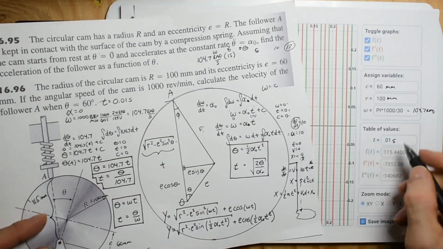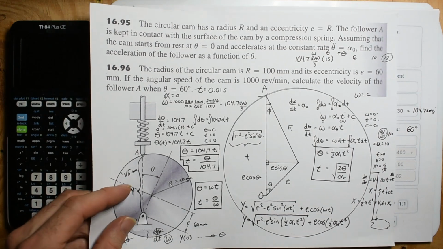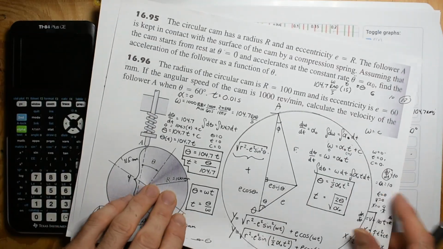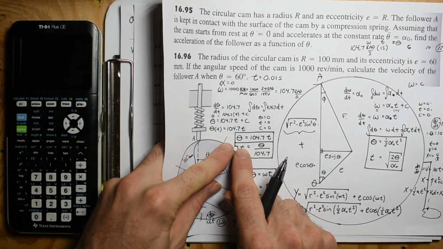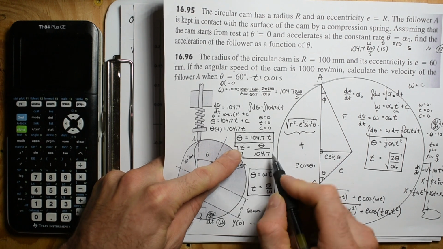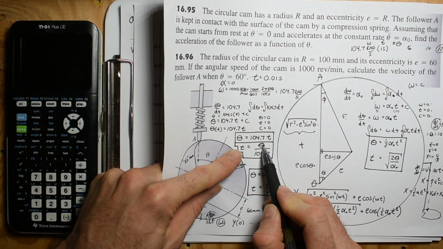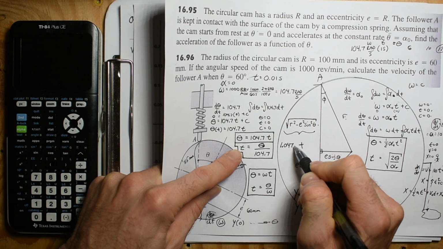So if you're just like, hey, at 60 degrees, what time is that? We go back to the equation and put in 60 degrees right here. Obviously, change it to radians. That's going to be 1.047 radians.